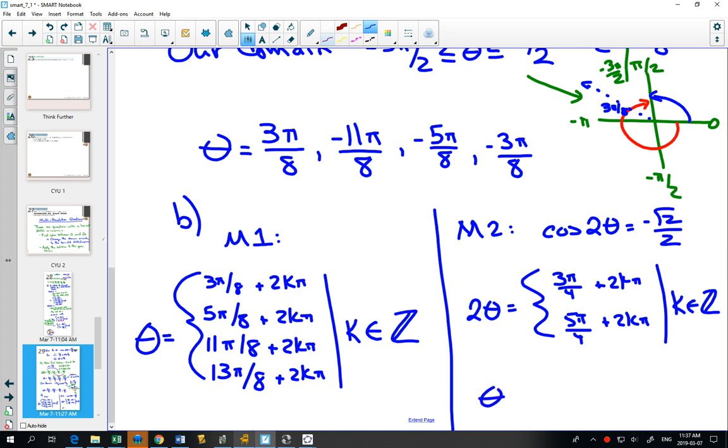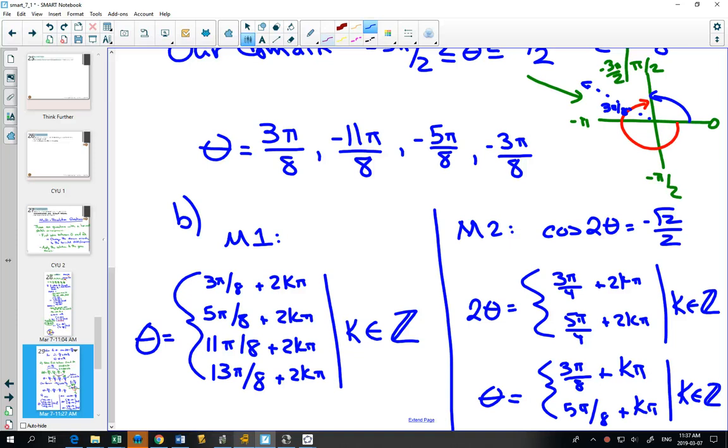And then to figure out what theta would be, I divide everything by 2, so I get 3 pi over 8 plus k pi, and 5 pi over 8 plus k pi, where k is an integer. So my answer is more streamlined.